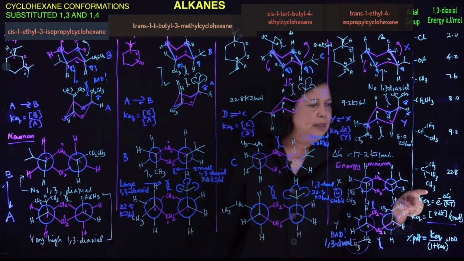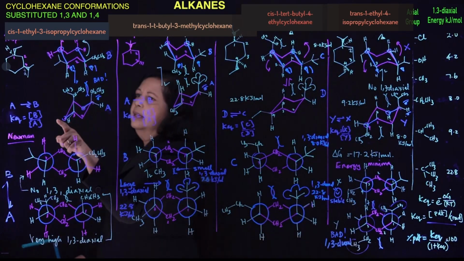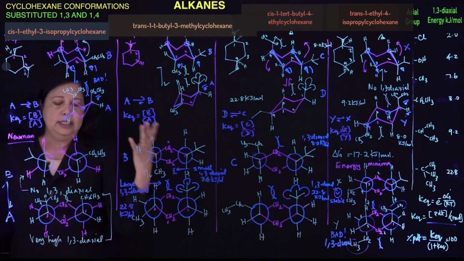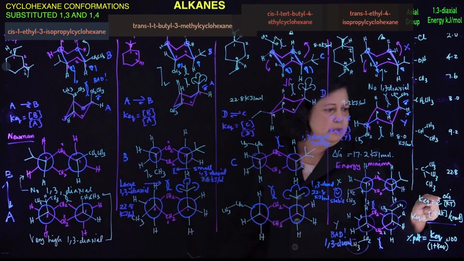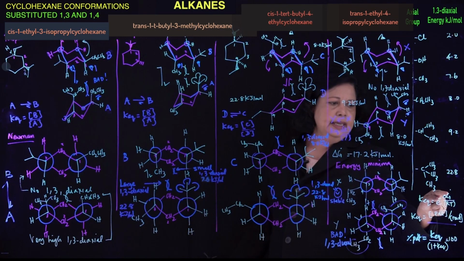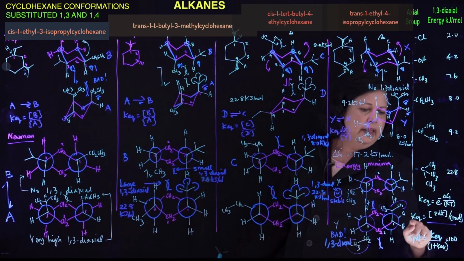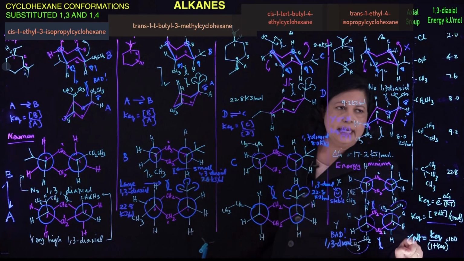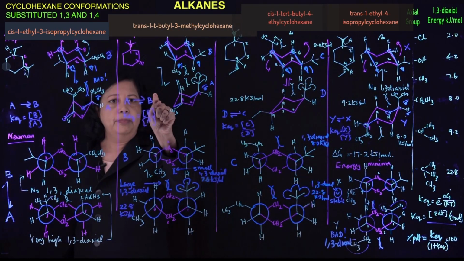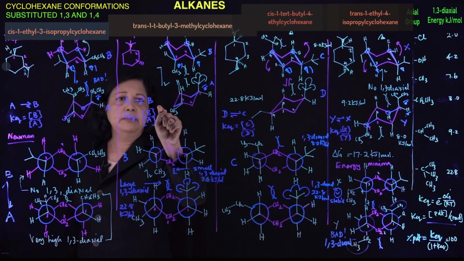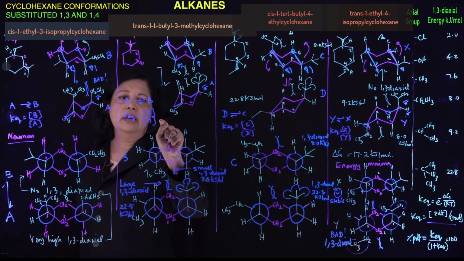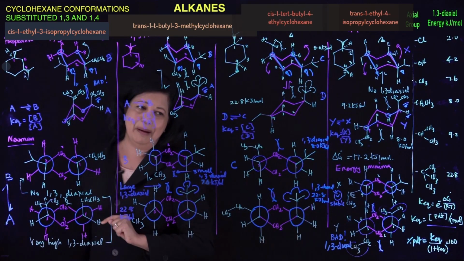That way, when we plug them in, the delta difference in energy here would be a negative, and when we plug it into that equation, negative times negative will be a positive. Therefore, you will have a higher percentage of your stable product. The conformer that's more stable on top and the conformer that is less stable at the bottom.